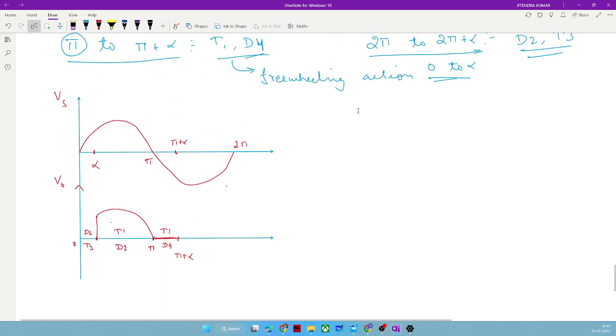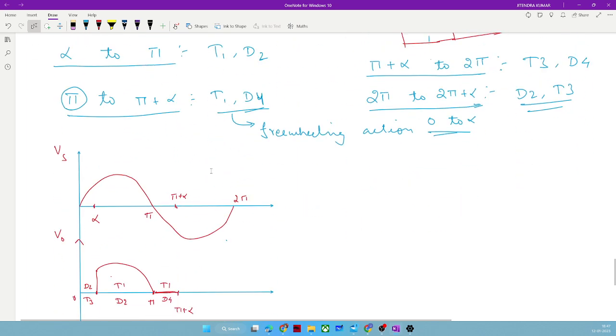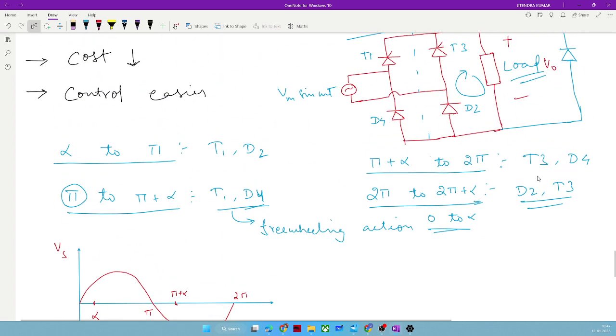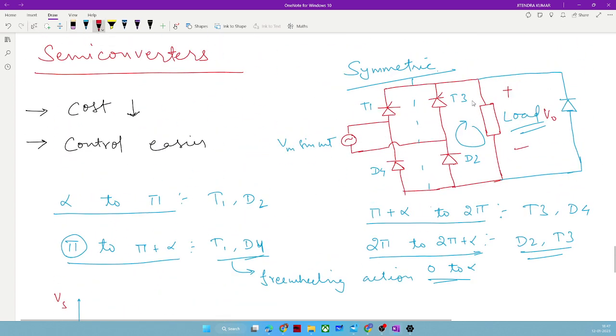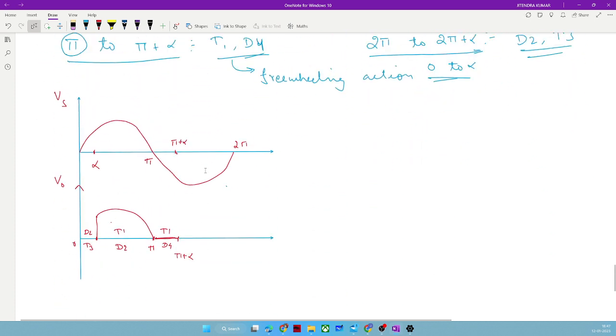And then from pi plus alpha to 2 pi, it is T3 and D4, which is connected to the reverse of the supply, so it will follow minus Vm sin omega t. So this is again periodic with half of the time period, right? This is your waveform.